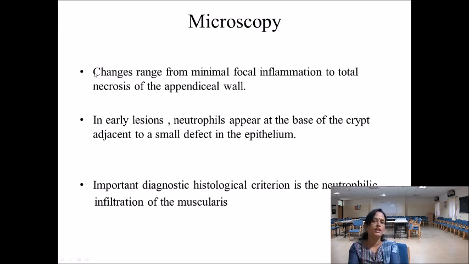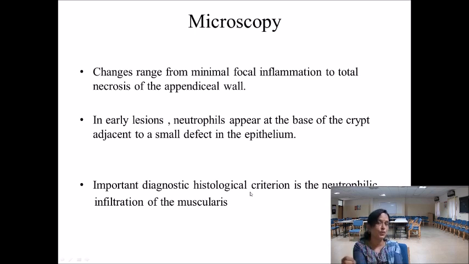So what do we say? We have taught you that the characteristic cell of acute inflammation is the neutrophil. So, presence of neutrophils. Where are they present? Early they may be at the base of the crypt, but histologically, many people say the diagnostic criterion is presence of neutrophils in the muscularis. But just remember, transmural neutrophilic infiltration is characteristic of acute appendicitis.